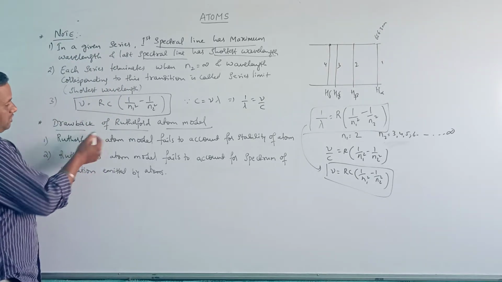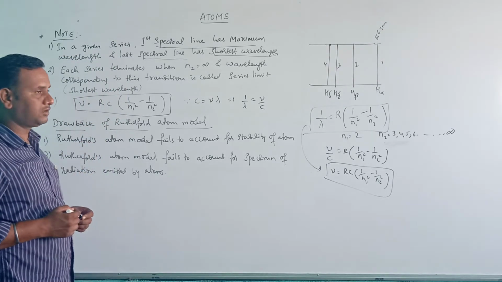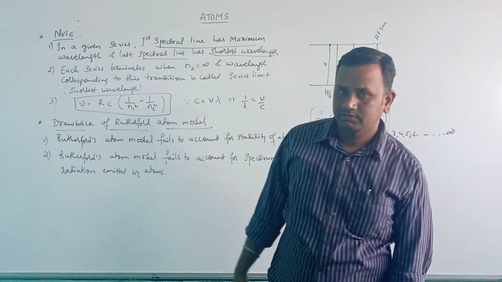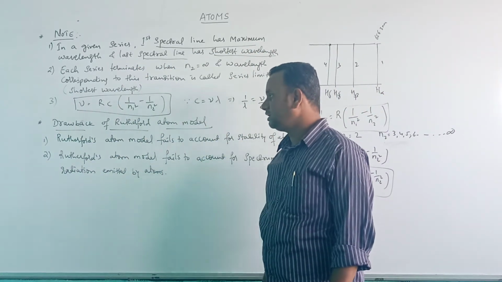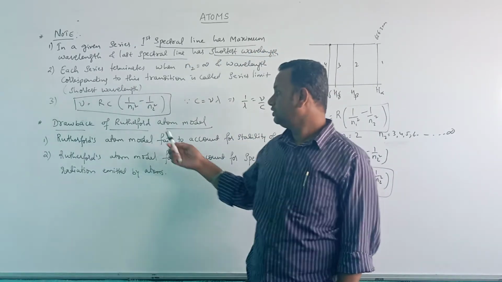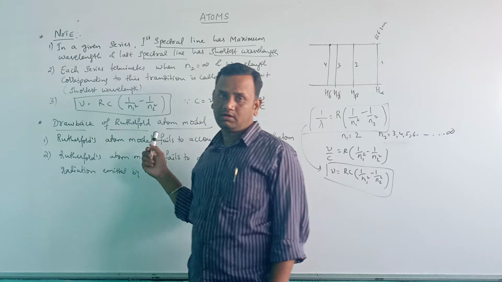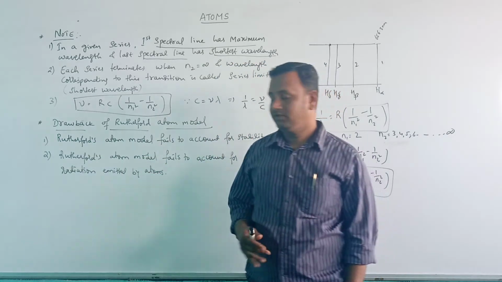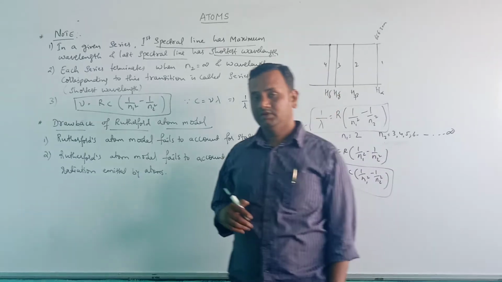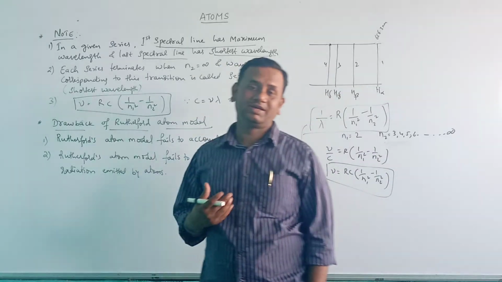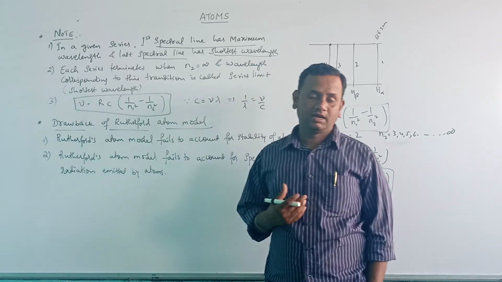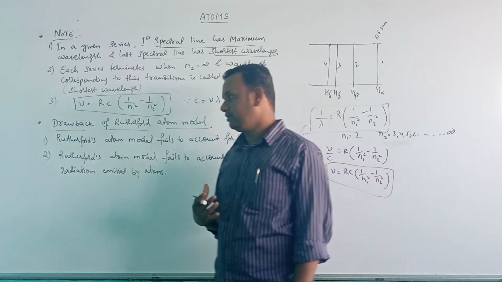Next, our topic is the drawback of the Rutherford atom model. What is the drawback of the Rutherford atom model, or you can say disadvantages, or failures of the Rutherford atom model, where Rutherford failed to explain some of the points regarding the atom model which he explained.